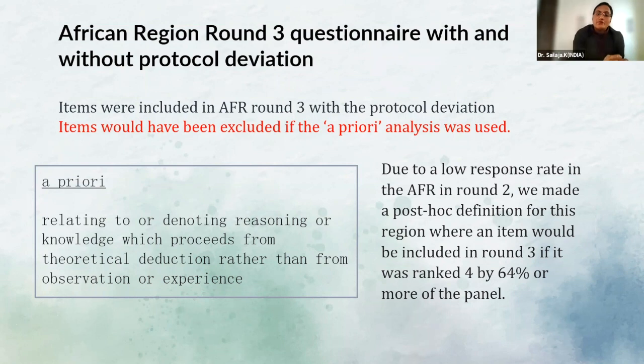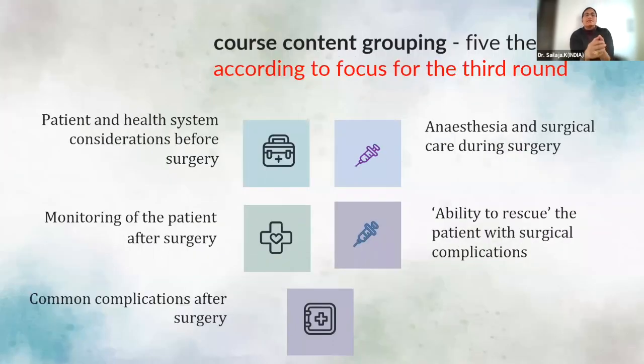For the rest of the groups, it was if it was ranked 4 by 70% or more of the panel, because many of the items would get excluded if the a priori analysis was used. A priori means coming from theoretical deduction only, rather than from observation or experience. The observations and experience of the facilitators were utilized in this process, and because of the low response rate, this change had to be made.